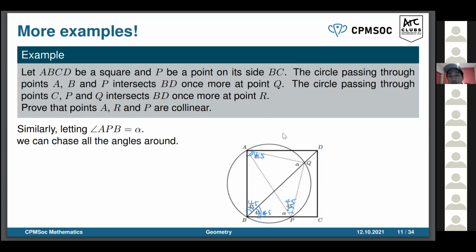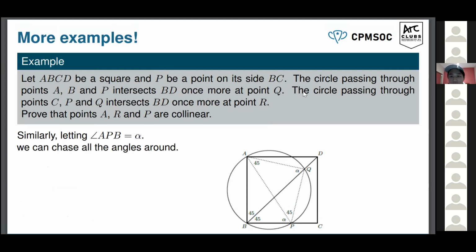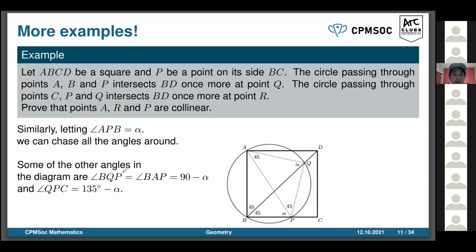So now, I've labeled it, so I'll just get rid of mine. Now we'll try to do some angle tracing. Some other angles that we can get from this diagram is that BQP is 90 minus alpha.